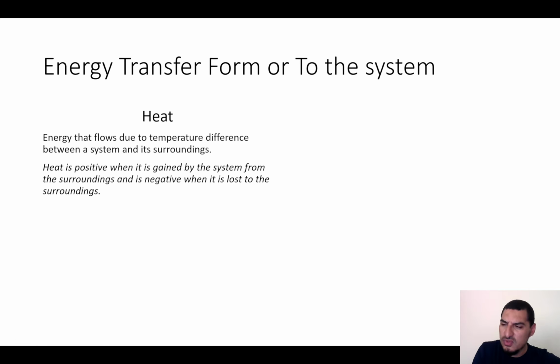And this is very confusing for some people, because references deal with these signs in different ways. Sometimes references do the opposite of what we are saying here. Some say that if heat is gained it's positive and if it's lost it's negative, and others the other way around.